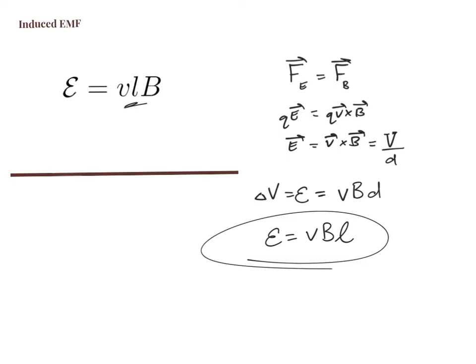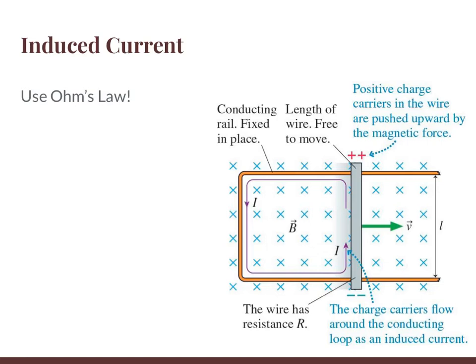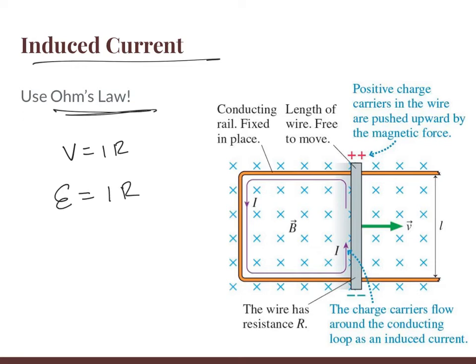And you could use that as a voltage source for a circuit. Once you have found the EMF of the voltage source, you can use Ohm's law to find the induced current. So V equals IR, where V equals your EMF, current times resistance, to find whatever current is induced in a circuit as the bar moves.